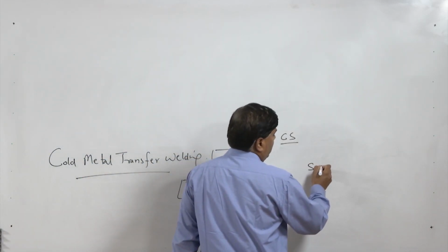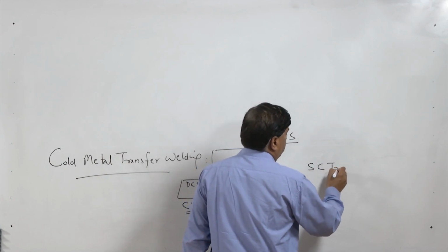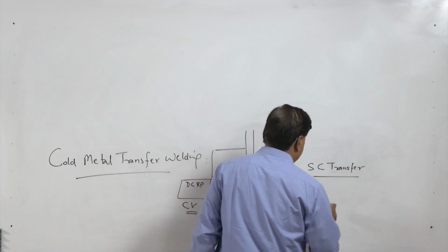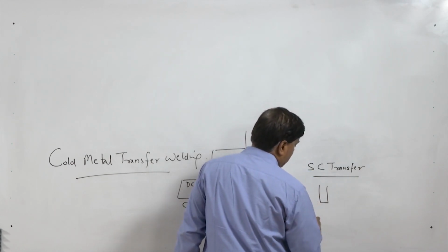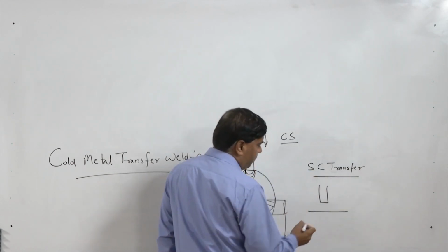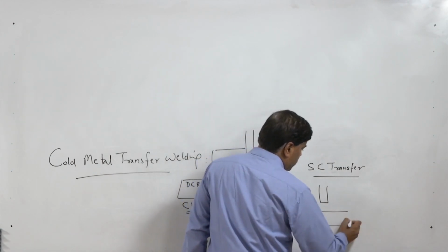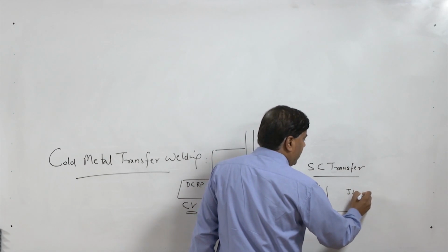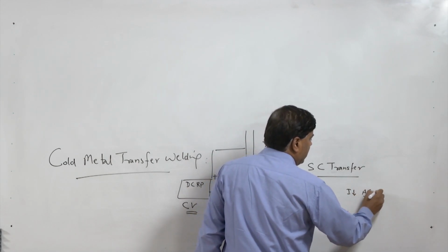One is short circuiting transfer. In the short circuiting mode of metal transfer, the gap between the electrode and the workpiece is very small, and the current value is low, so the arc gap is less.